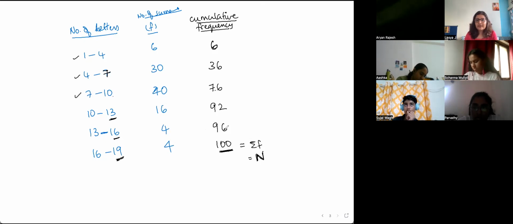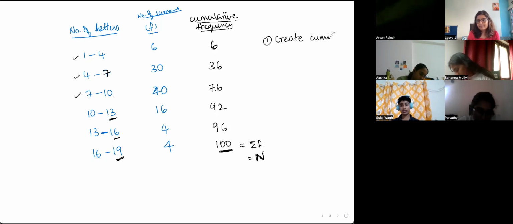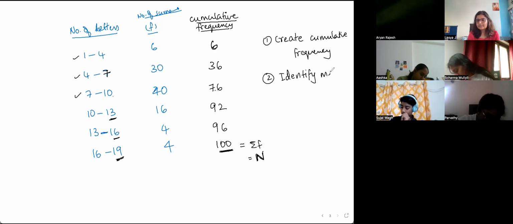Okay. So once you find the cumulative frequency, then just like mode, the steps are the same. So first, create the cumulative frequency column. Then once you have that, you need to identify the median class, because you're calculating median.